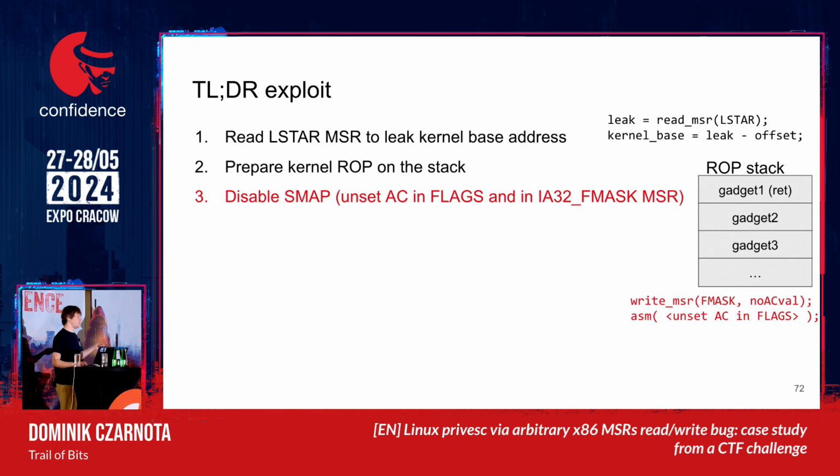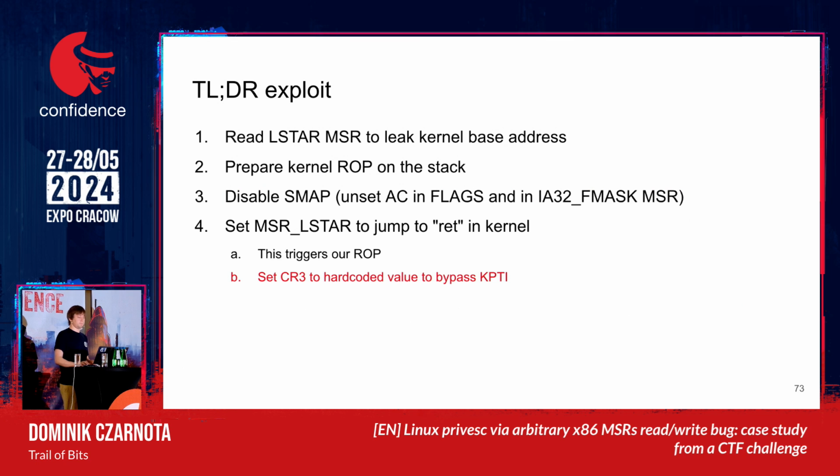Then we will disable this access prevention feature by unsetting or setting the AC flags and the mask, doing the kind of stuff shown here in red. And then we will set the L star to jump to the return instruction in the kernel. So this will trigger our ROP, right?